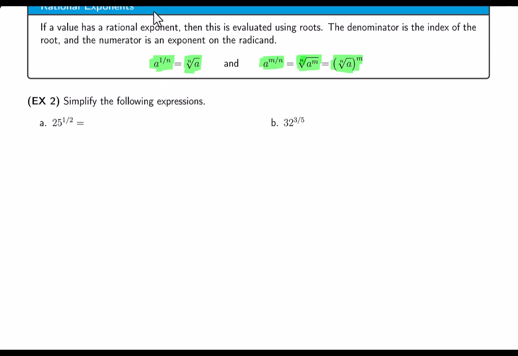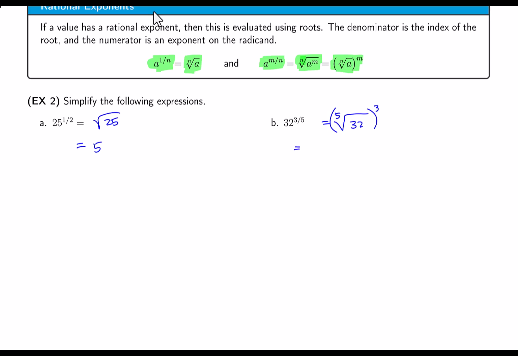All right, so for instance, 25 to the 1/2 power is the same thing as the square root of 25. The denominator makes the index, so the index is 2, so it's a square root. And, well, square root of 25 is 5, so 25 to the 1/2 power is just 5. 32 to the 3/5 power may look a bit more intimidating, but the 5, the denominator value, is the index of a root, and then the 3 is an exponent.